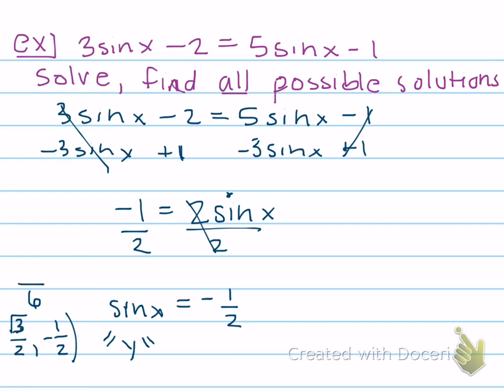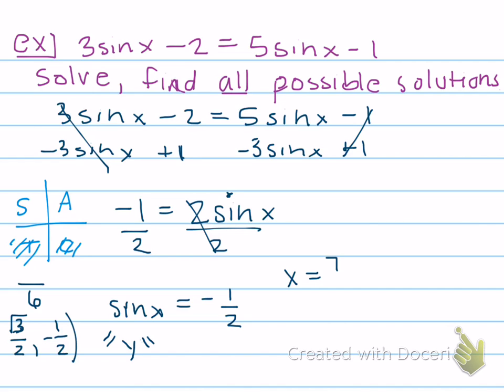Next thing I need to take into consideration is my quadrant. So if sine is negative, we remember this whole thing. We know sine is positive in quadrants 1 and 2, so sine is negative in quadrants 3 and 4. So that means my denominator is definitely a 6, and the quadrants we're in are 3 and 4.